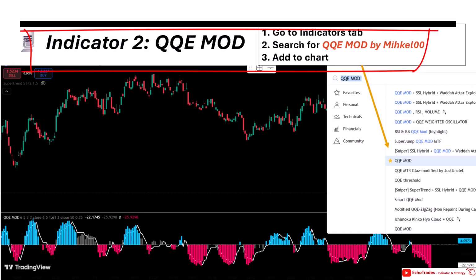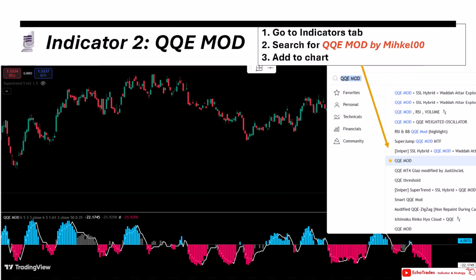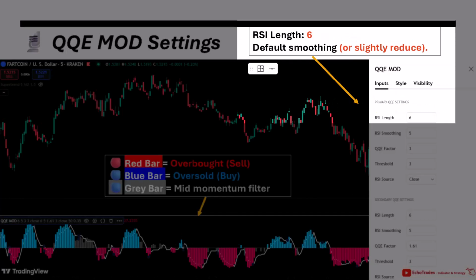If Supertrend gives us the trend, how does QQE MOD fit in? What's its job? Think of QQE MOD as your momentum confirmation. Supertrend points the way. QQE MOD tells you if there's enough oomph behind it, enough buying or selling pressure to sustain the move, even for just that brief scalp period. Okay, so it confirms the power behind the trend. Exactly. For scalping, you'll want to set its RSI length to 6.